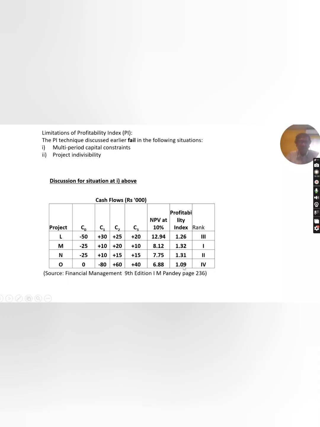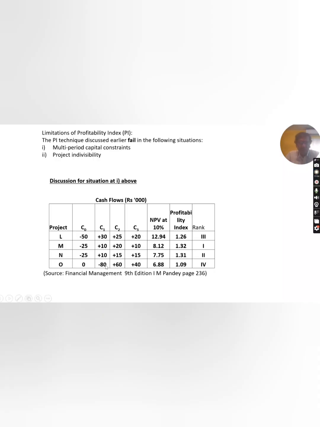But what happens in this year where additional scope for investment of this project requires 80,000 funds? 80,000 fund is required. But for this year, budgetary allocation is 50,000 as capital.